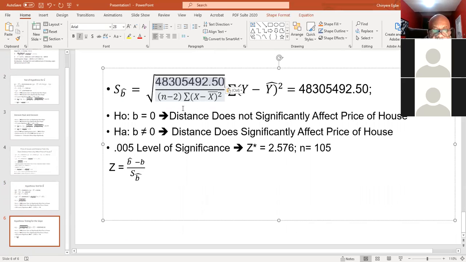And n minus 2 is 105 minus 2, which is 103.